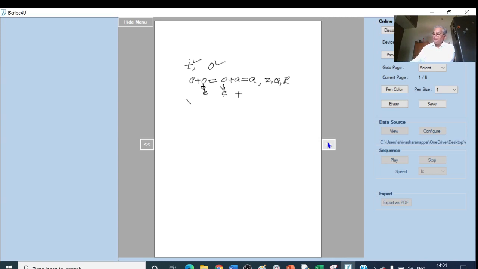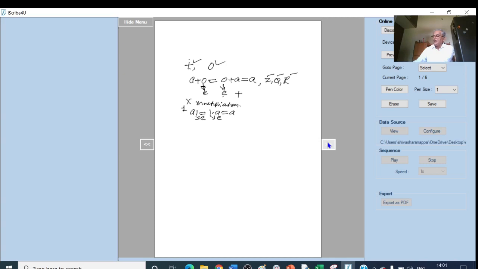And if I go for multiplication, 1 is an element here, and we can write A into 1 equal to 1 into A equal to A, and this is true for all A. Whatever the set, Z or Q or R, 1 is the identity element.